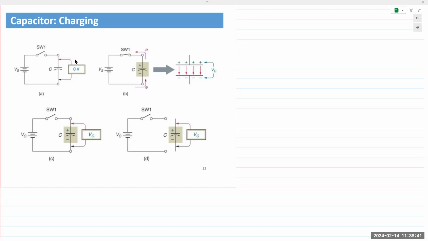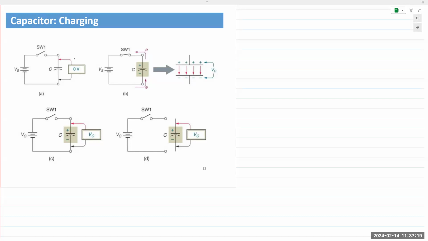When the switch closes, it allows a pathway for the voltage source to be connected to that capacitor. So what happens then is that the electrons in the wire and the plate of the capacitor are attracted by the positive charge of that voltage source. So they start flowing in the counterclockwise direction in the illustration.